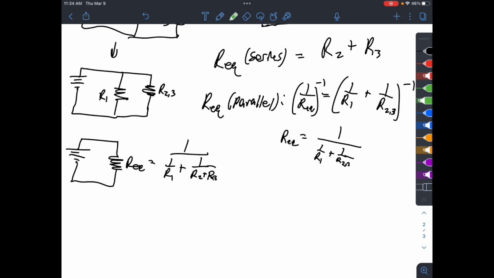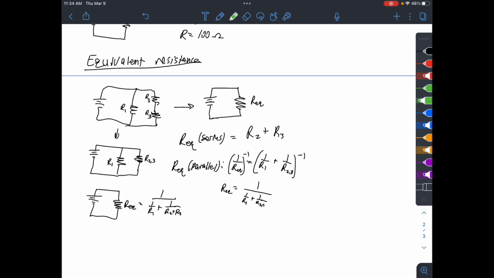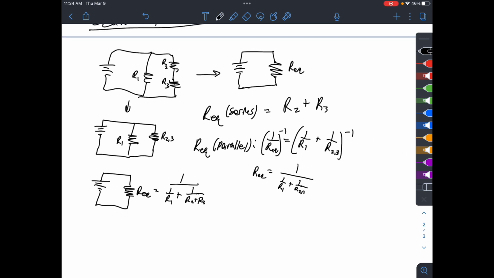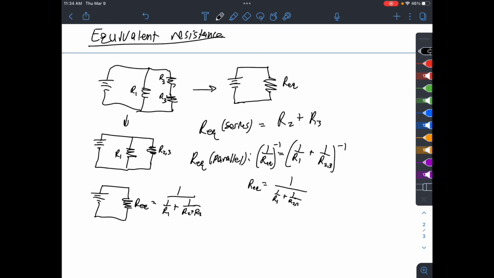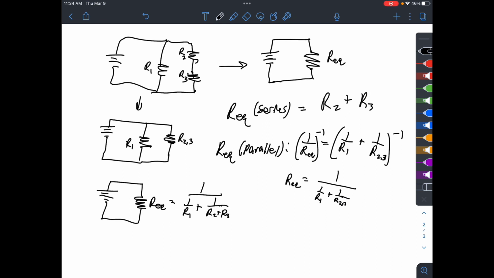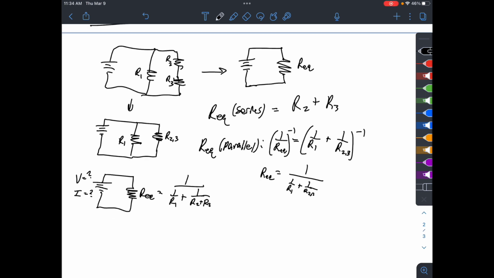This was our first step. And then this is our second step. And why are we doing this? An equivalent resistance will help you find the voltage across the battery, if you don't know it, or a missing current across a battery. This is a nice series circuit, so if you know the resistance in one of these, you can figure that out.